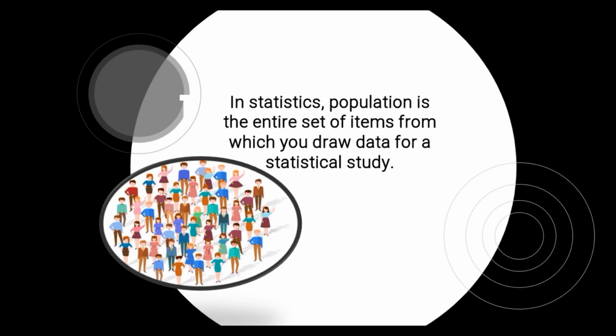An example of a population would be the entire student body at a school. It could contain all the students who study in the school at the time of data collection, depending on the problem statement. Data from each of the students is collected.